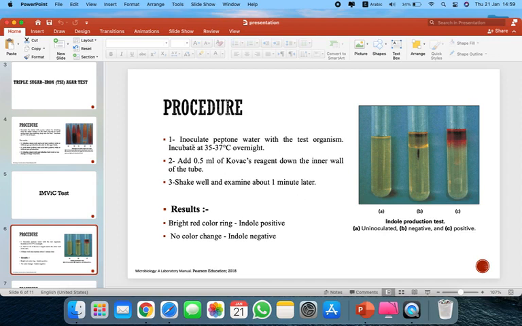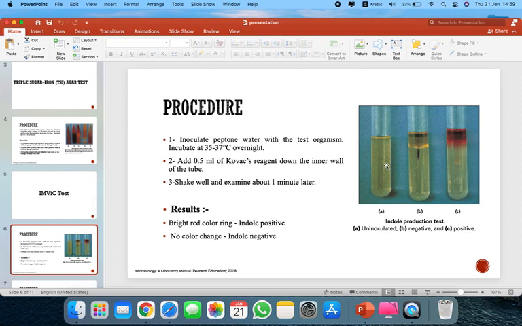So how can I indicate that indole? By the use of Kovac reagent, which gives a red color, or a red ring, if performed in the test tube.